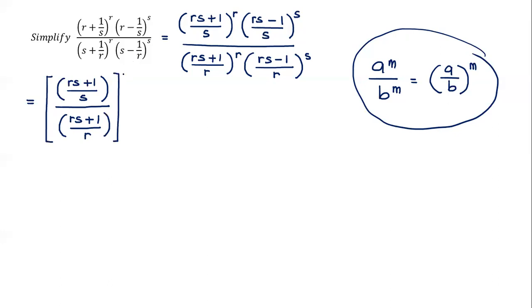Okay, you see, I already make it as R over 1. These two I already combined, right?